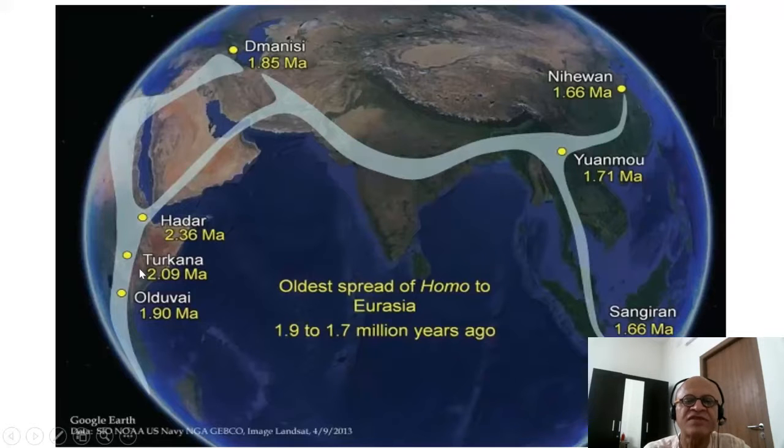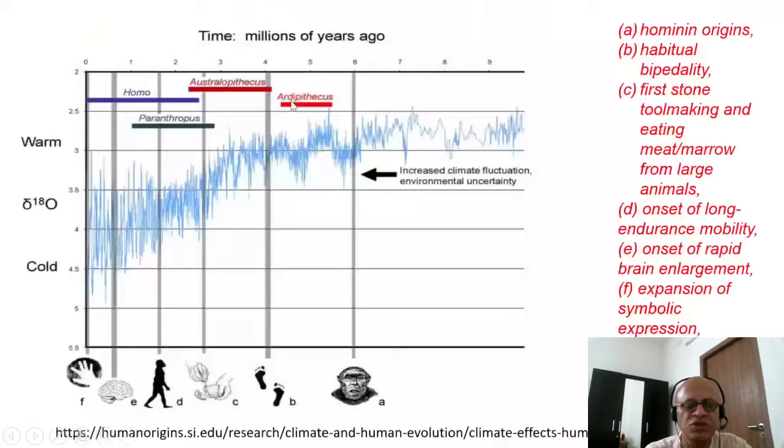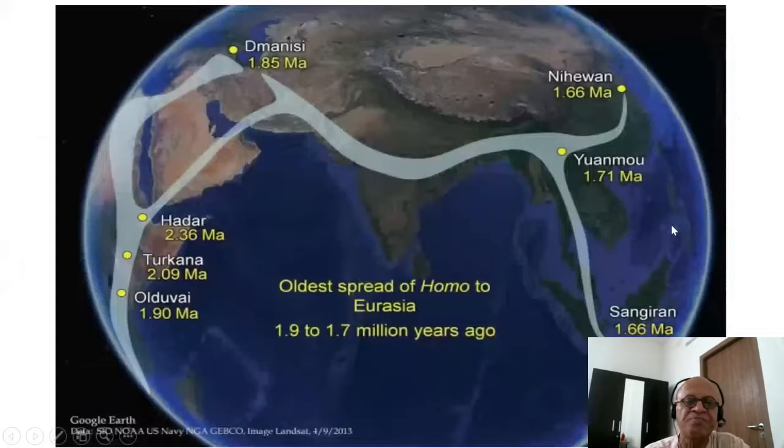All these would have been facilitated either by climate drivers here making it necessary to leave, or favorable climates to allow to go, which is related to this onset of long endurance mobility and so on. So you can see the time scales involved here.